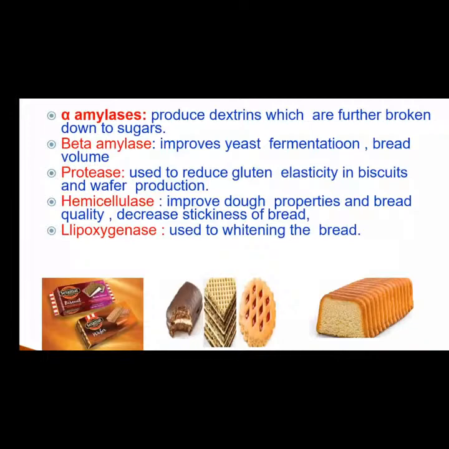And proteases are also used in the baking industry to improve the elasticity in biscuits and also in wafer manufacturing, right? And hemicellulase, another type of enzyme, improves the dough properties and also the bread quality of the food items. And lipoxygenase, I already told you, is used for whitening the bread. That is for the bread whitening process.